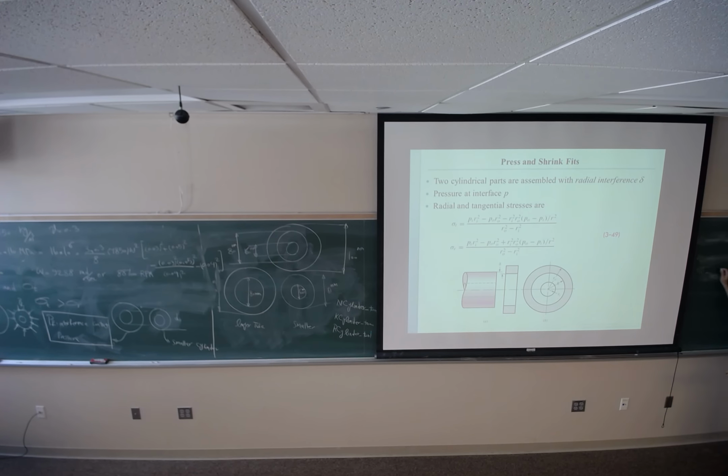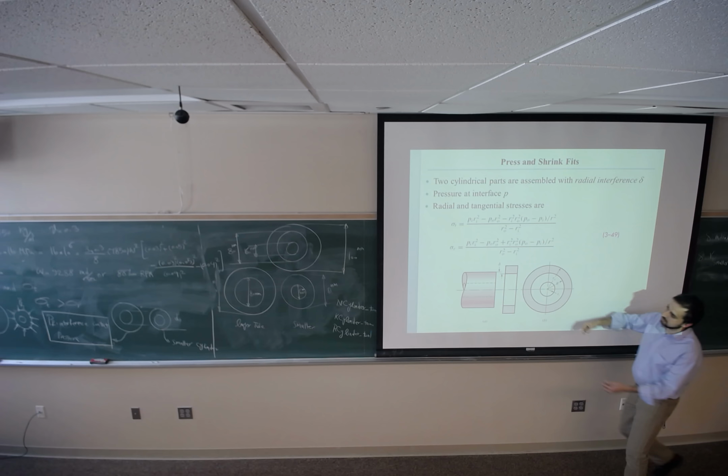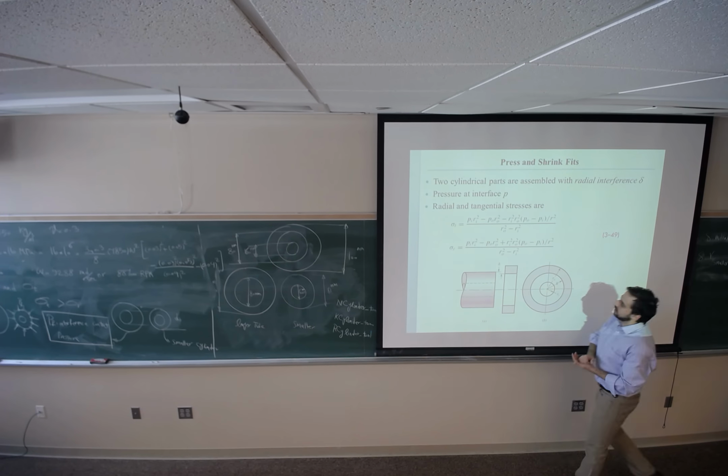So we define a delta, the radial interference. Delta is the outer radius of the smaller component minus the inner radius of the larger tube or cylinder. Just the difference between these two gives me the delta.